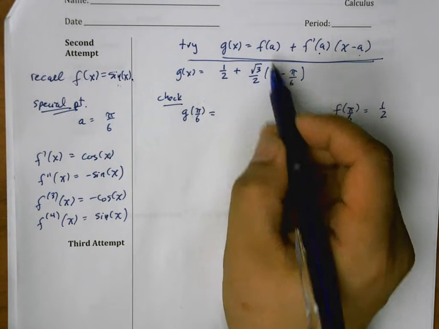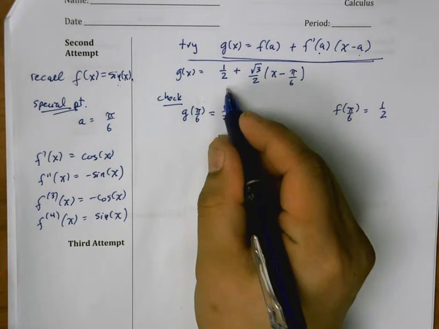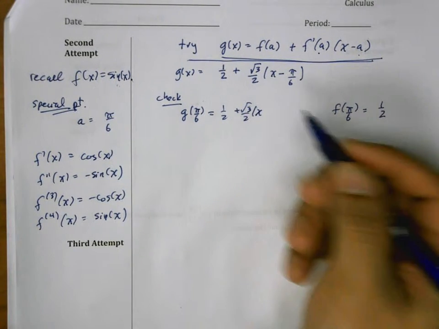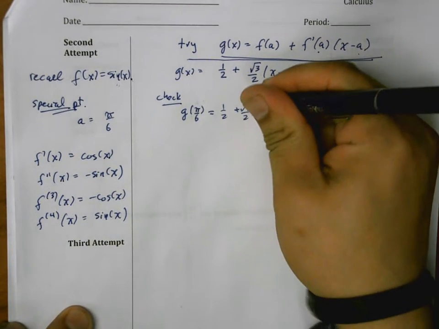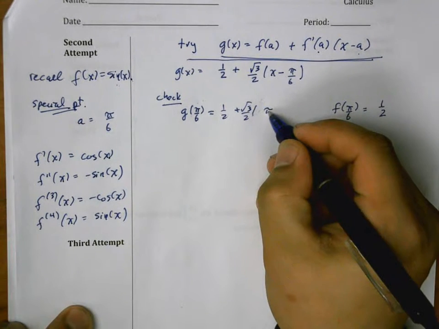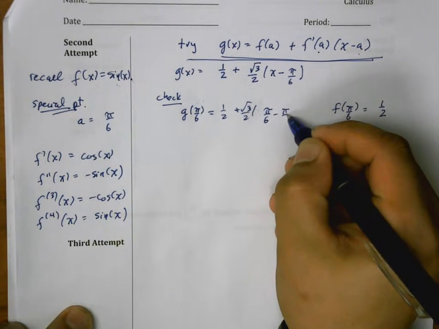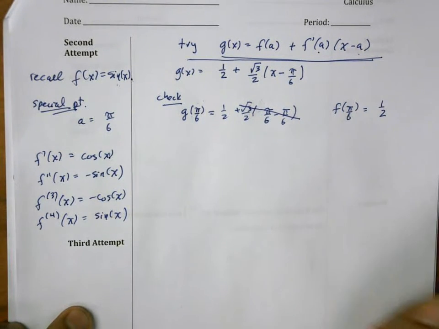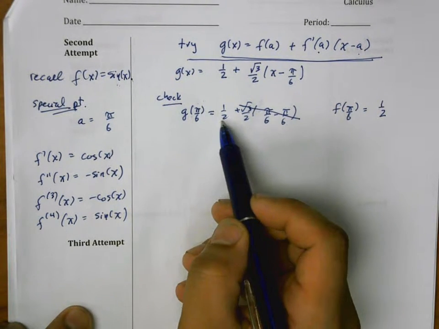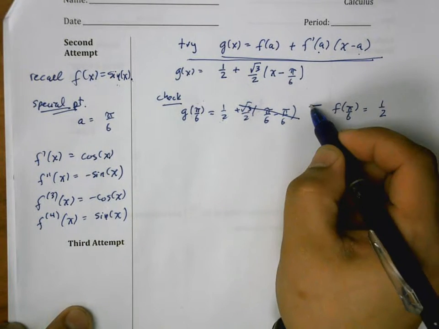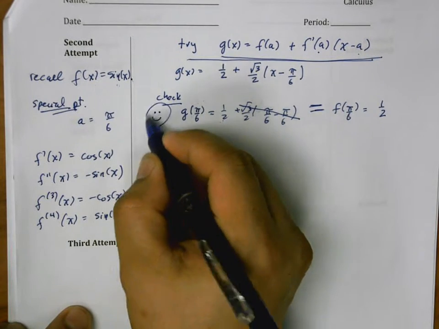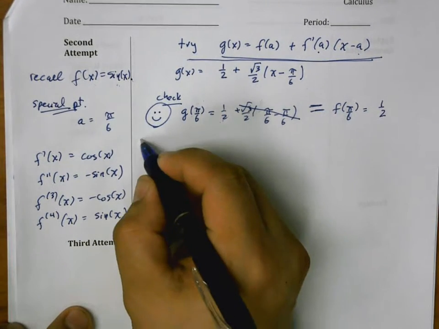G of pi over 6 is 1/2 plus root 3 over 2 times x minus pi over 6, where x here is pi over 6. So pi over 6 minus pi over 6, this part is gone. It's 0. So g of pi over 6 is 1/2, which does in fact equal f of pi over 6. So we're happy there.